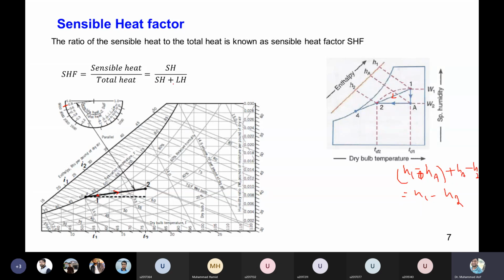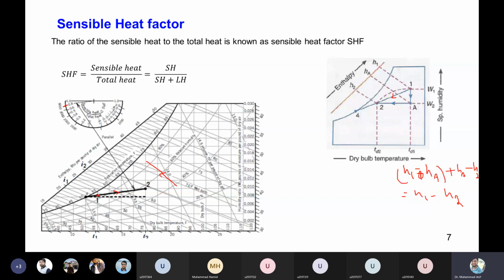Let's say if the value is negative, then you will get the sensible heat factor to be negative, because sometimes in the case of a heat removal process, it can be negative. If you draw a parallel line to this one on the D, then you will get a negative line.